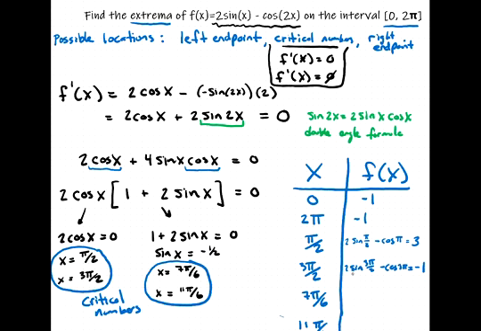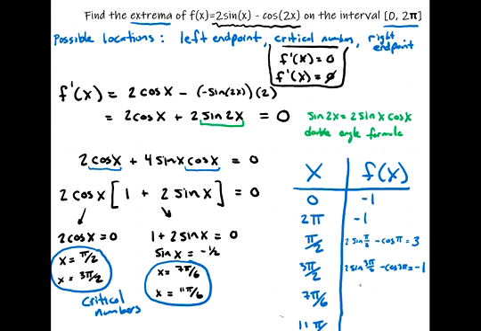So the sine of 3 pi over 2 is negative 1. And so we have 2 times negative 1, which is negative 2. And the cosine of 3 pi is a negative 1. So negative 2 minus a minus 1 is negative 1.